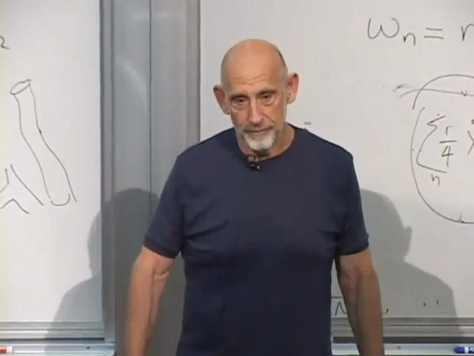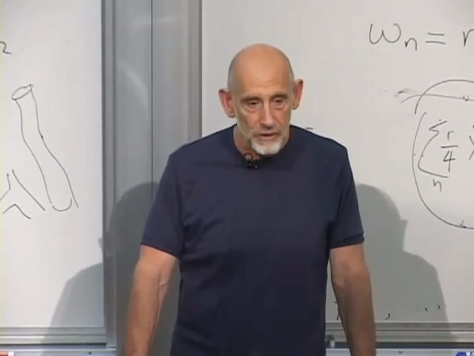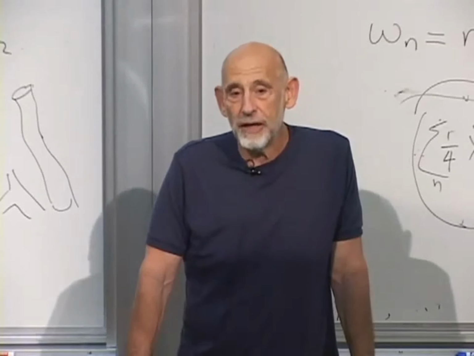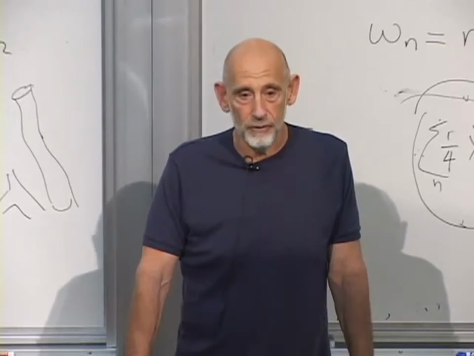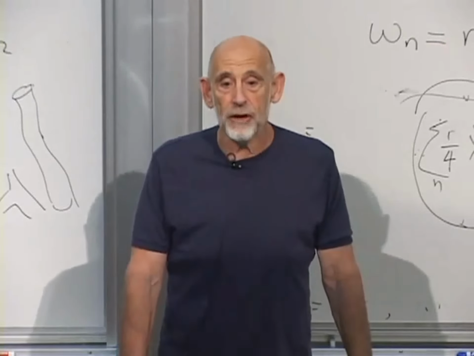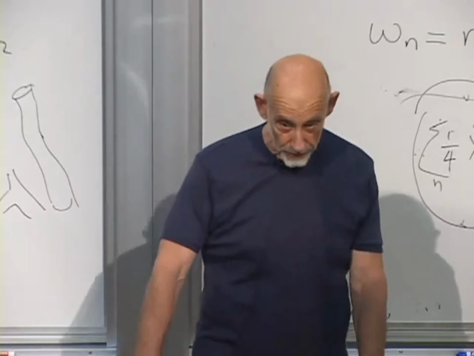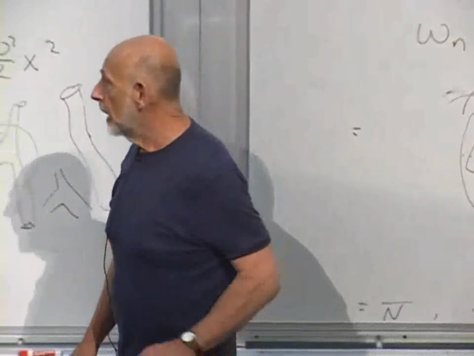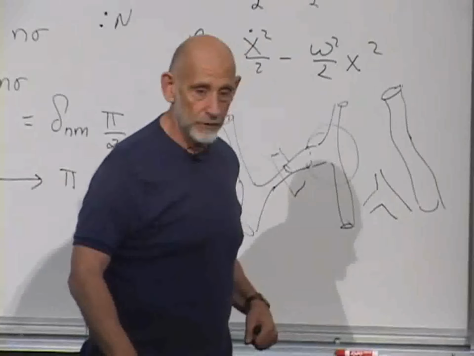And what do we do with them? We quantize them. We subject them to the process of quantization, which is very easy for a harmonic oscillator. In fact, we don't even really have to go through the whole exercise. We've done it before. We just have to remember that the energy of harmonic oscillators are quantized in certain forms. Let's see if we can see what the energy levels are going to be.